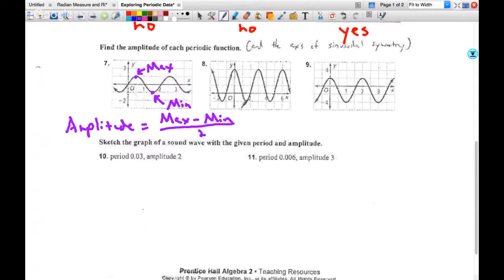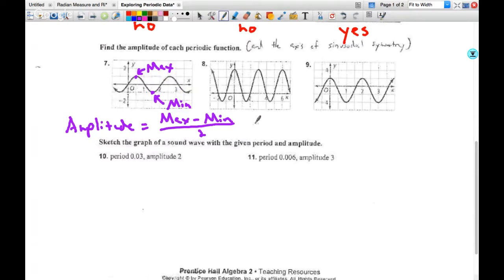So the max minus the min gives you the difference, the height change from the max to the min. We divide it by 2 because we want to find the height change from a midline up to the maximum or the minimum.